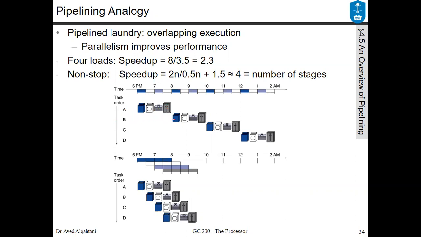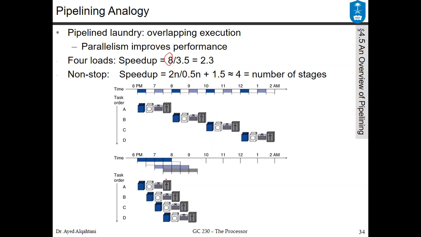And then B will start and finish, hold everything for itself, and C and also D. And as you can see, if A takes 2 hours, those 4 loads will take 8 hours.